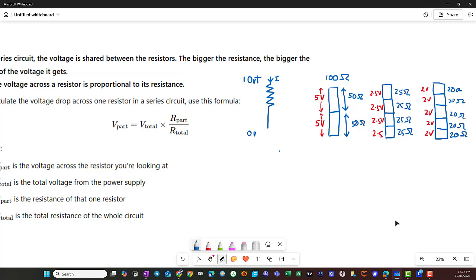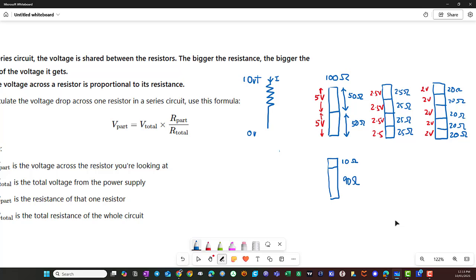Let's try again. Now let's say I divide my resistor into one part and 9 parts. Let's say this is 10 ohms and this is 90 ohms.